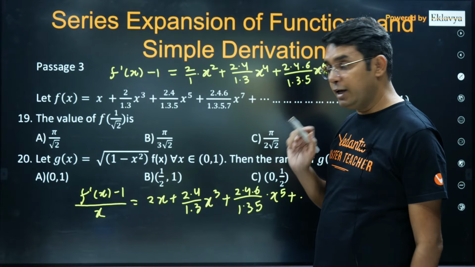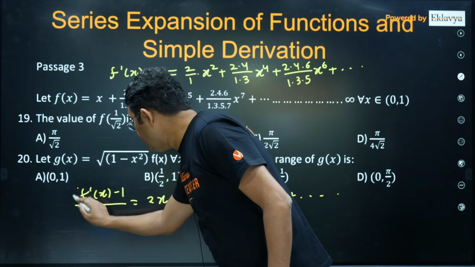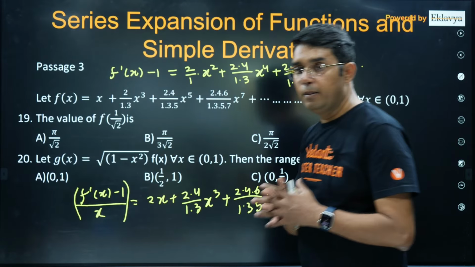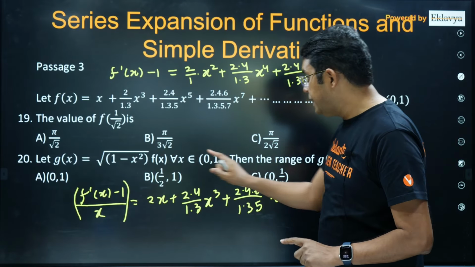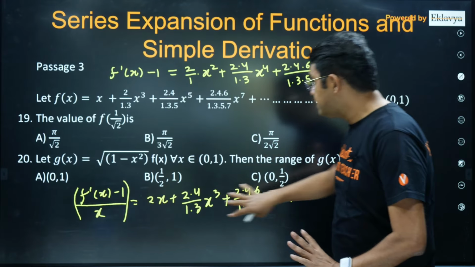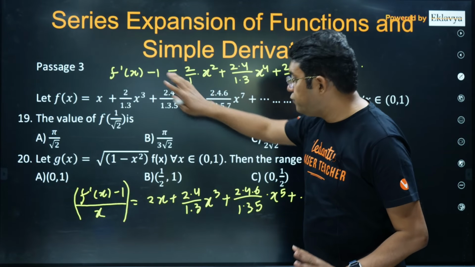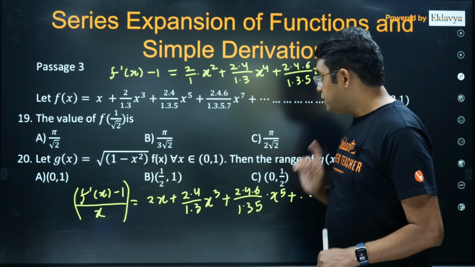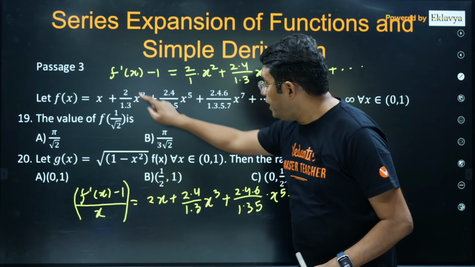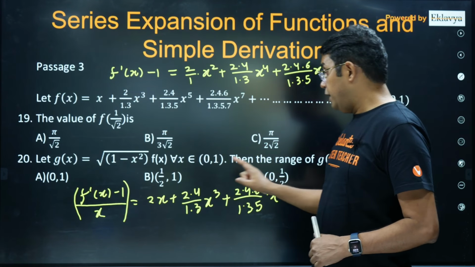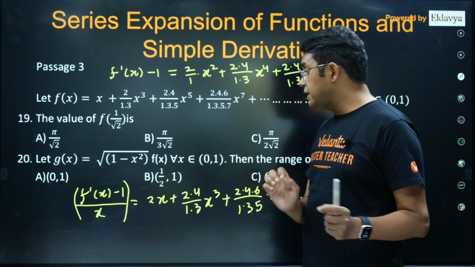Now please listen carefully. If you do the integration of this thing, I think the right hand side is exactly what your function is. Just go through once again. It will actually have one extra term of x also.